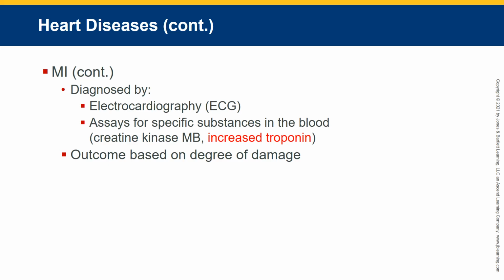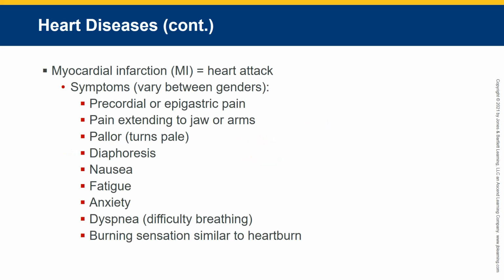Women typically don't have that radiating arm pain. They can, but it's not always the thing that sends people to the emergency room, that, oh my God, I have the radiating pain down my arm. It's a lot of these other symptoms, the nausea, the fatigue, the dyspnea, but also a lot of times a radiating pain in the back.